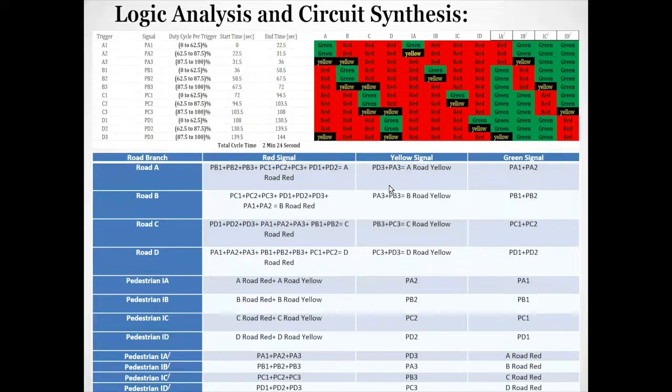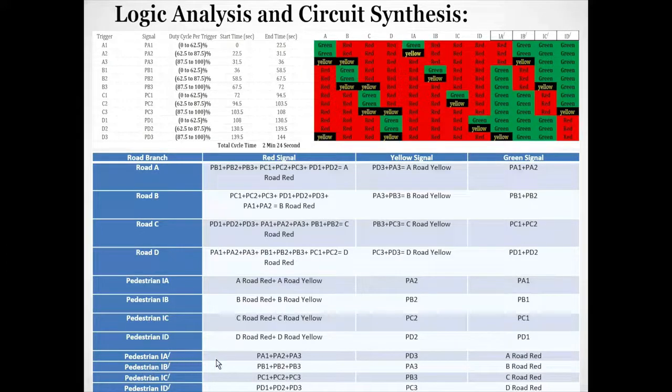And now we will explain the pedestrian path IA. This is A road red or A road yellow, so the first 8 signals of road A and the 2 yellow signals of road A. All signals are OR gated. For the pedestrian path IA yellow signal, this is PA2, and for the pedestrian path green signal, this is PA1.